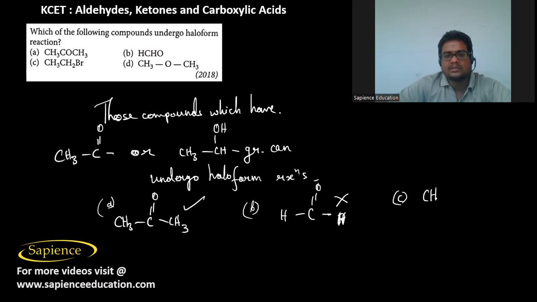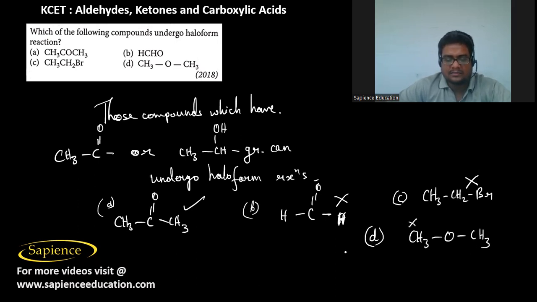In option C, it is CH3CH2Br, so it is not having either the CH3CO or CH3CHOH group. Since it is neither an alcohol nor an aldehyde or a ketone, it will not give haloform reaction. And then CH3OCH3 is an ether, so it will not give haloform reaction. So it means only option A will give haloform reaction. So option A is the correct answer.